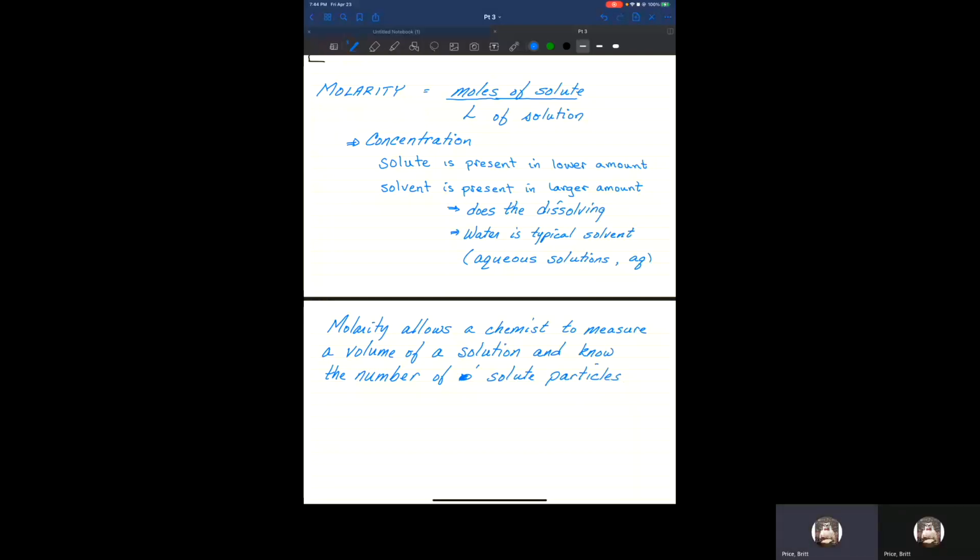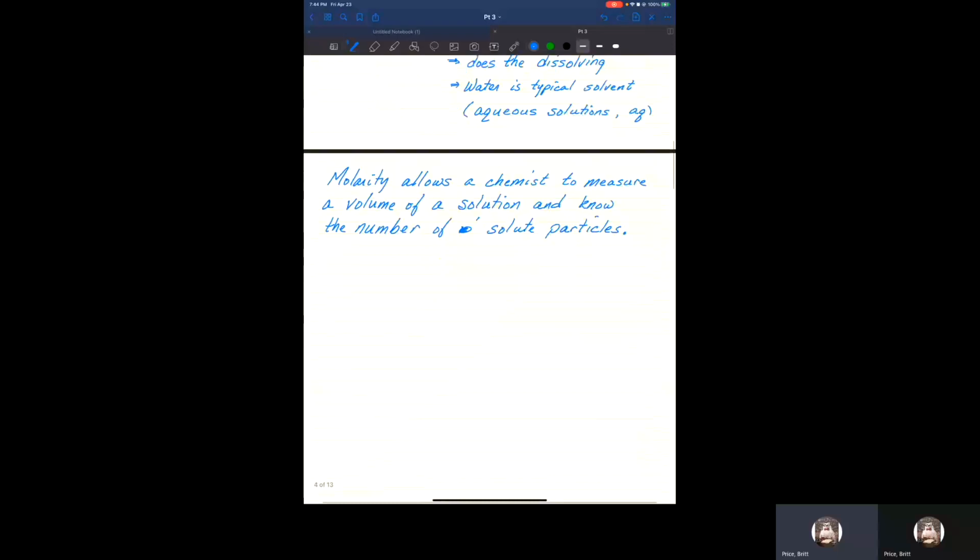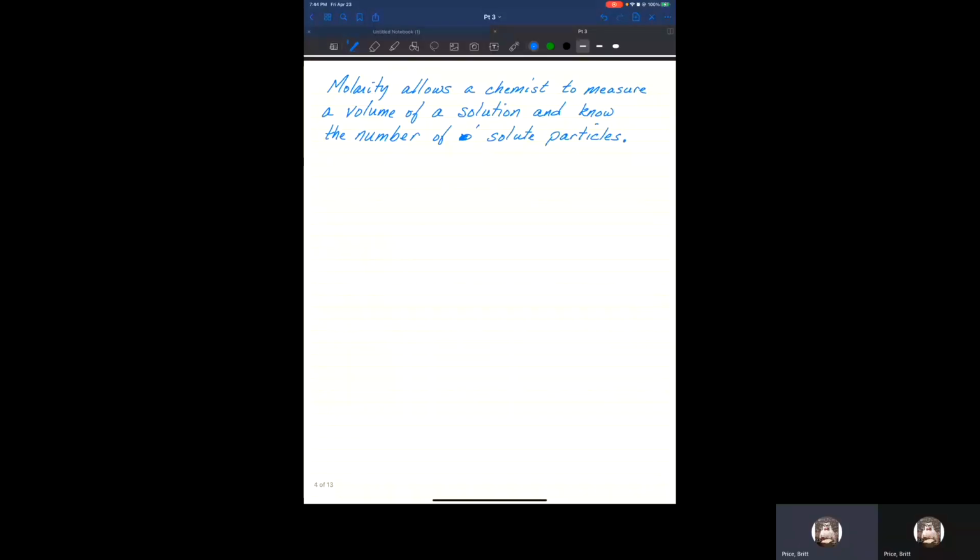And again, why is that important? Well, the way we understand how chemical reactions happen, reacting particles have to hit each other. So if we want to play, for example, with how fast something reacts, and we can up the number of solute particles, well, we should then be able to up the rate of the reaction.